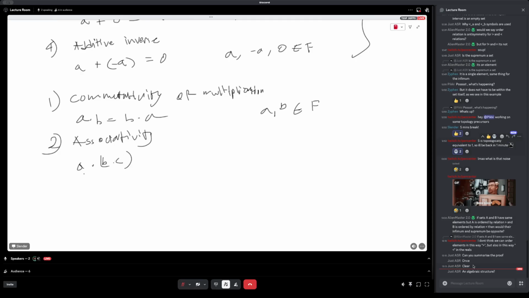If you multiply b and c first and then multiply with a, this is the same as multiplying a with b first, then with c, for a, b, c in F.